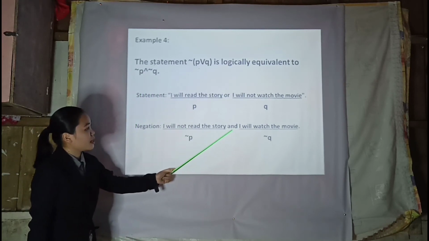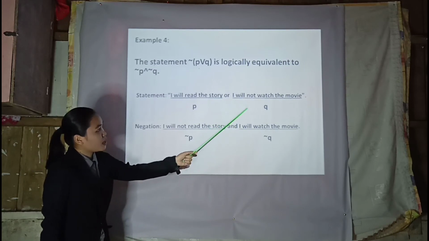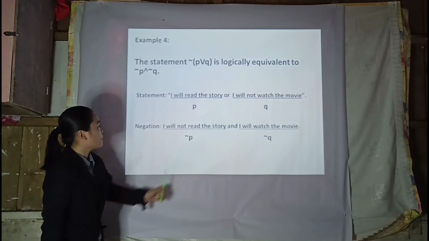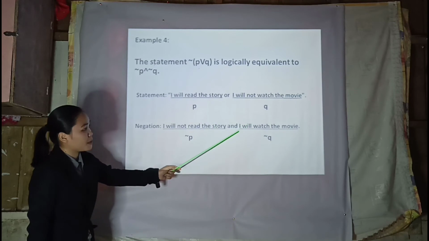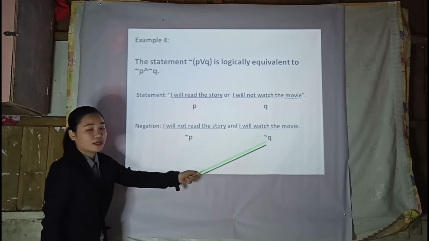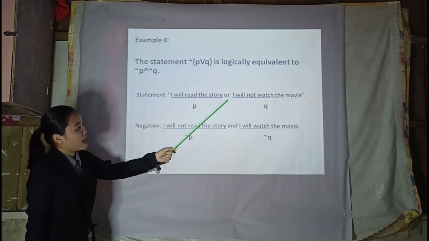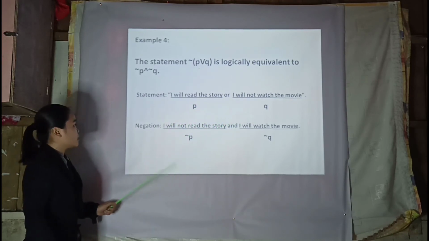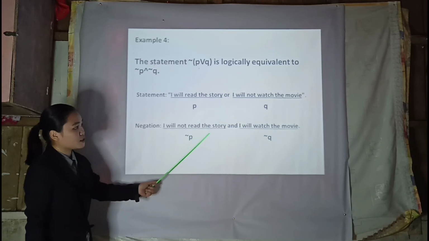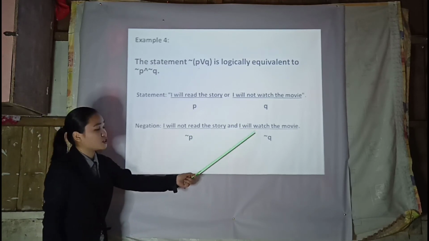So we use and. I will not watch the movie. So if we negate this statement, it will become I will watch the movie. So from this statement, I will not read the story or I will not watch the movie, the negation is I will not read the story and I will watch the movie.